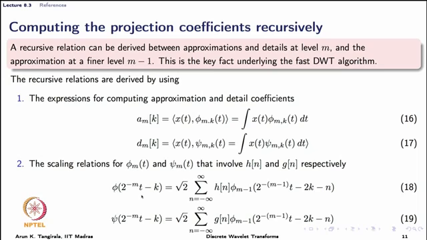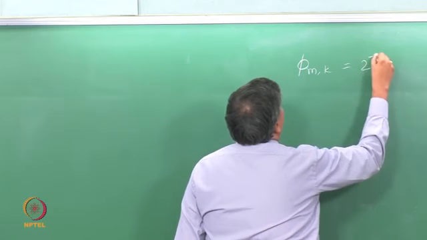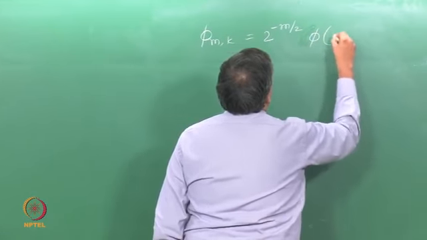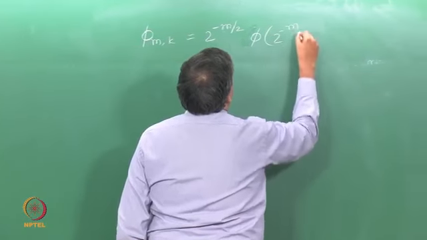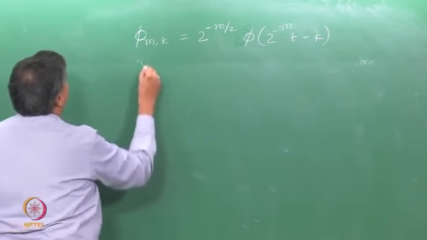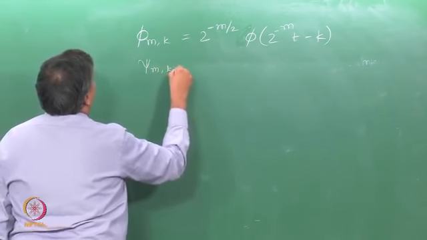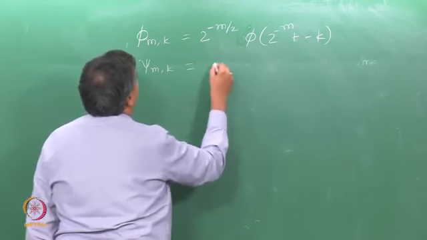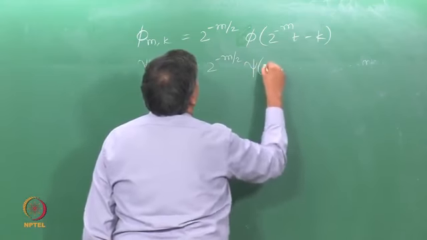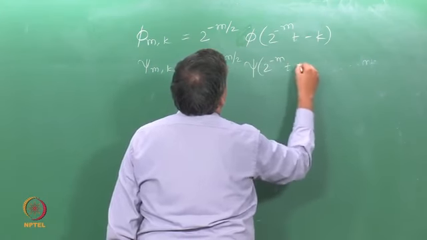So, let me just show that to you. So, phi m comma k is 2 to the minus m by 2 times phi of 2 to the minus m t minus k, and likewise the wavelet at scale m and at location k is 2 to the minus m by 2 psi of 2 to the minus m t minus k.